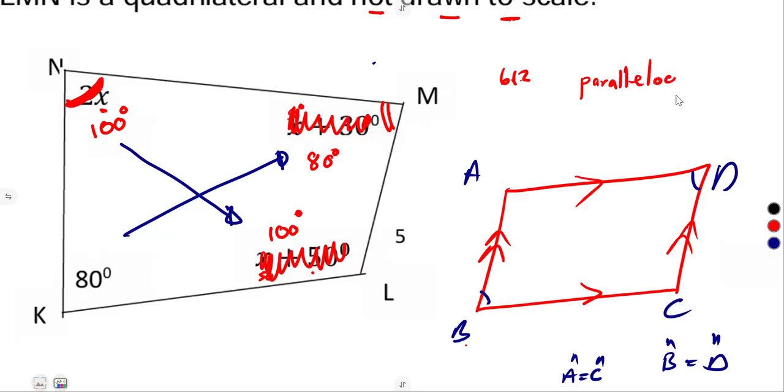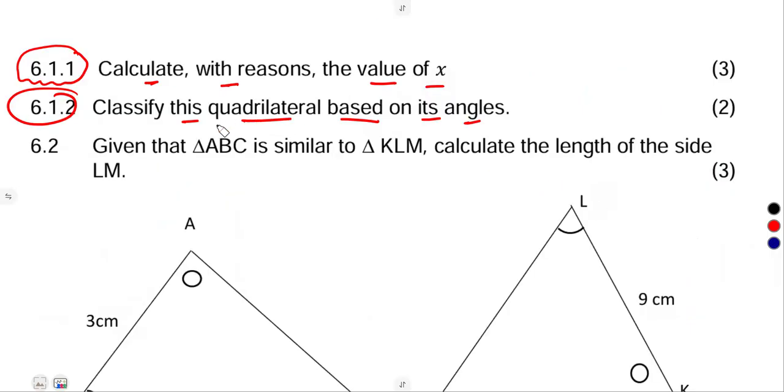It is not about how you are looking into the shape to say this shape does not even look like a parallelogram. No, they said based on the angles. You classify based on the angles that you can see inside of the shape.